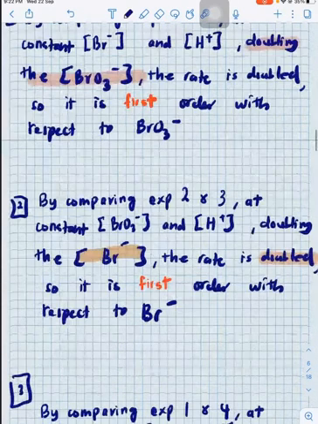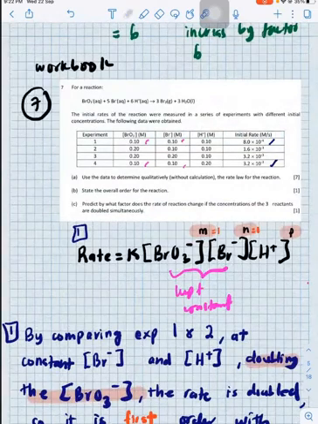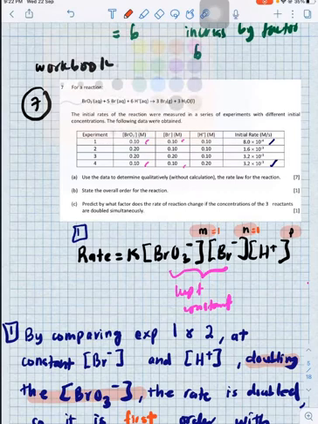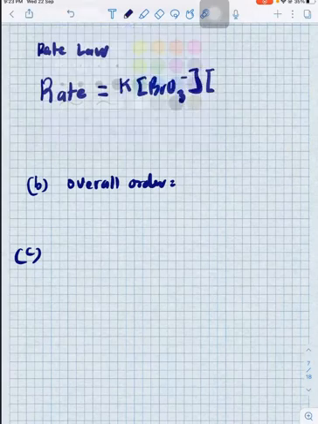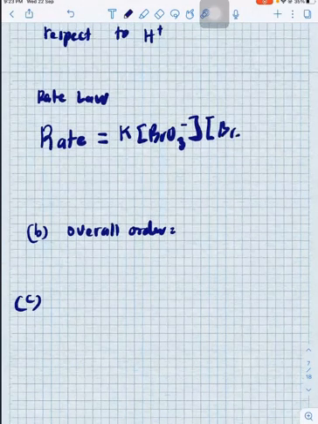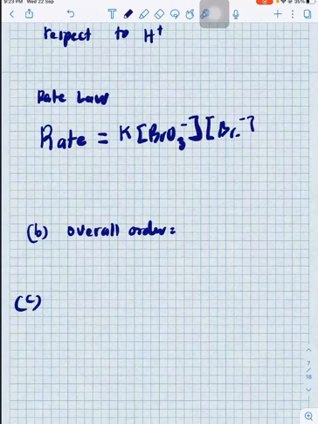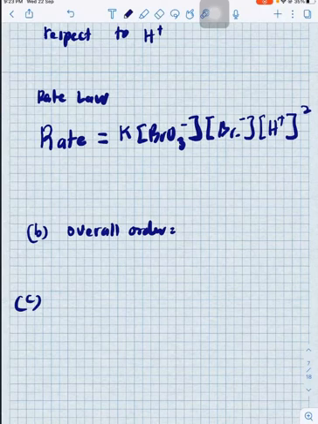Lepas tu Br minus at first order. Lepas tu H plus berada pada second order. So this is our general rate law. Okay, is that clear?